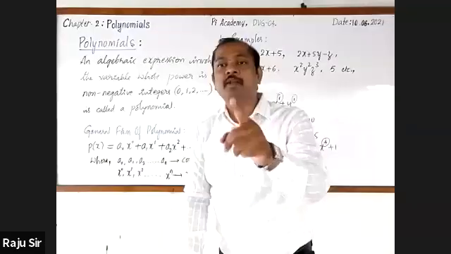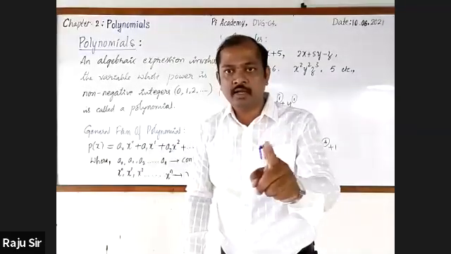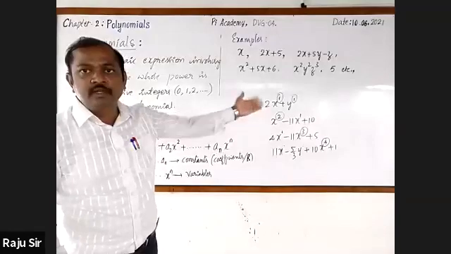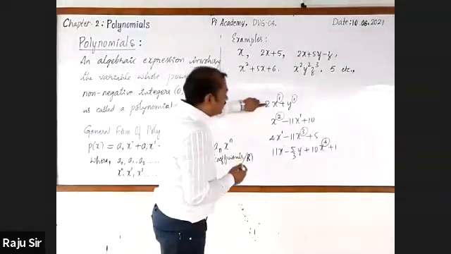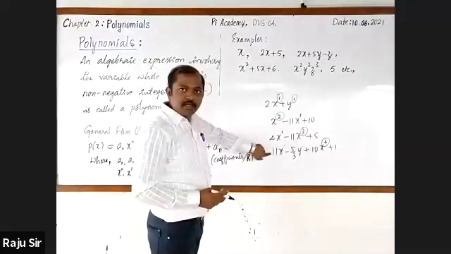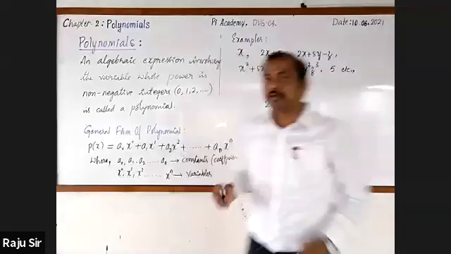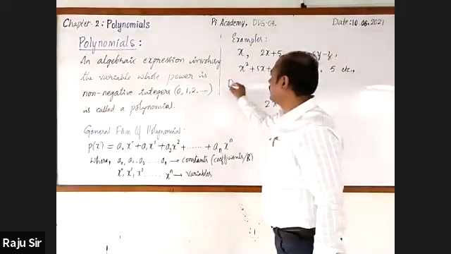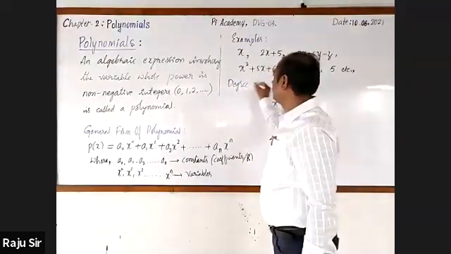Yes, that is known as degree of the polynomial. Clear? Once I repeat, the highest power of the variable involved in the polynomial is known as degree of the polynomial. The degree of this first polynomial is 1. Degree of last polynomial is 4. Degree of the second polynomial is 2. Degree of this polynomial is 3.